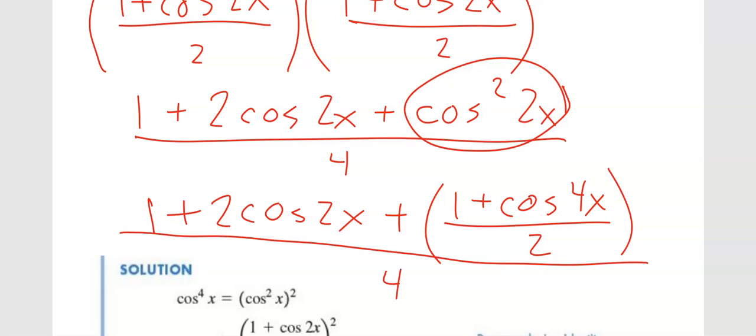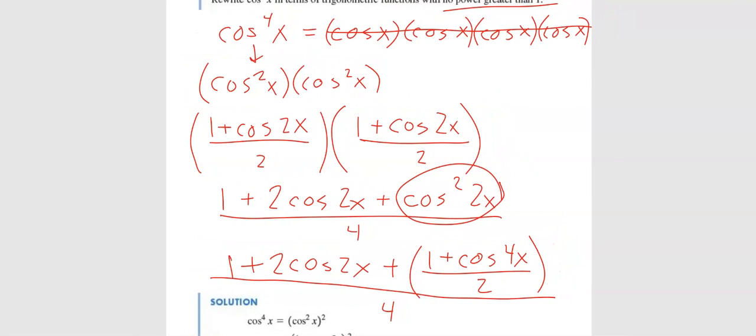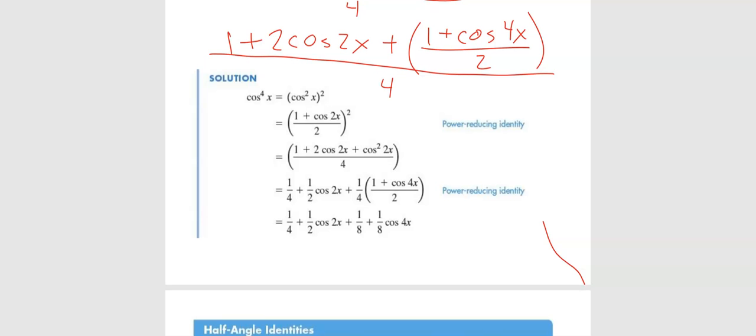Look at this, it's all over 4. I'm not going to have a question like this for you because these reducing ones can get extremely ugly. Look at their answer.